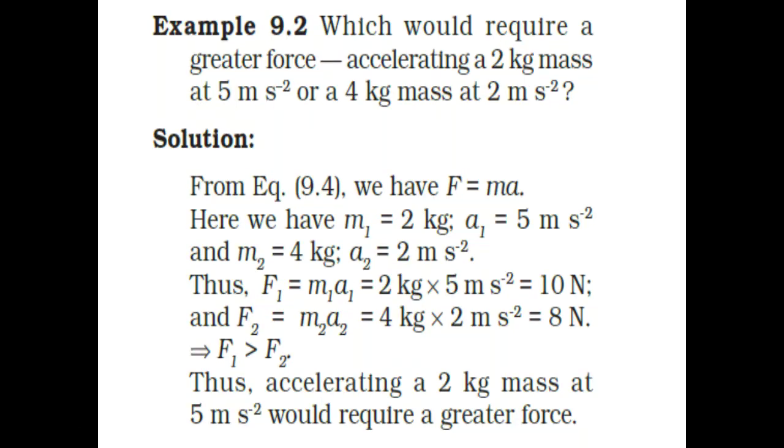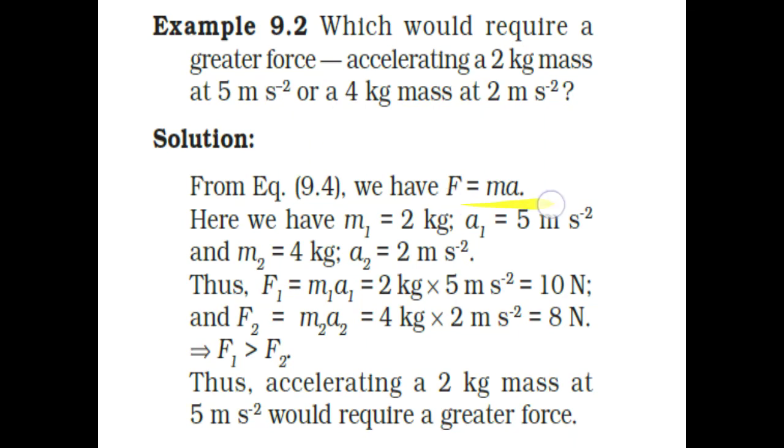Now question number 2: which would require a greater force, accelerating a 2 kg mass at 5 meter per second square, or a 4 kg mass at 2 meter per second square? It means we just have to find two forces and compare. So in the first case, the 2 kg mass, we will take it as m1. m1 is 2 and a1 is 5.